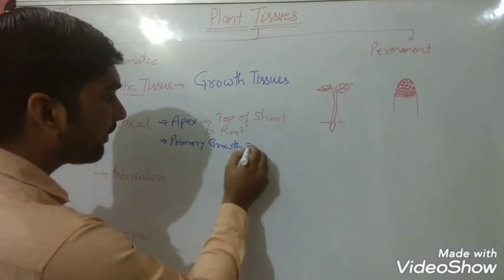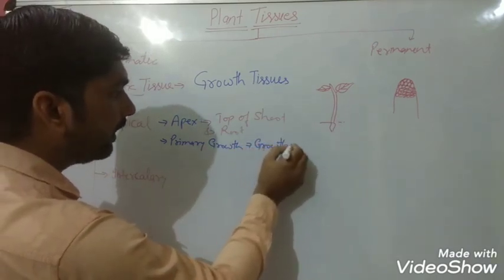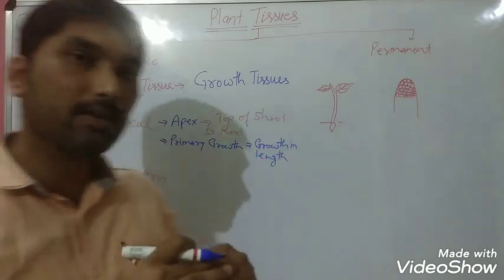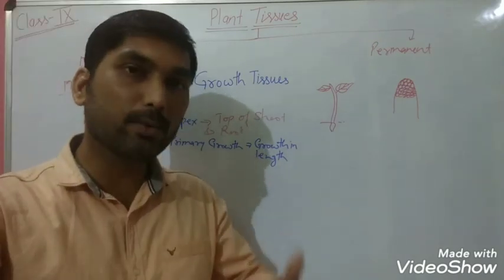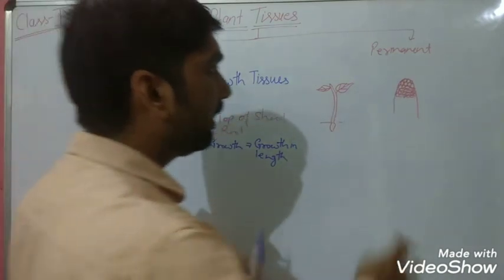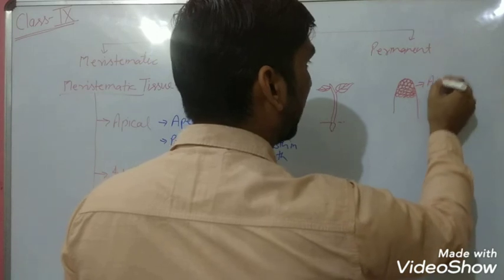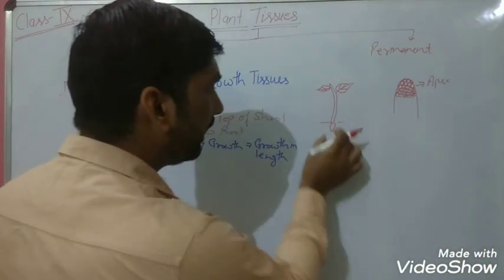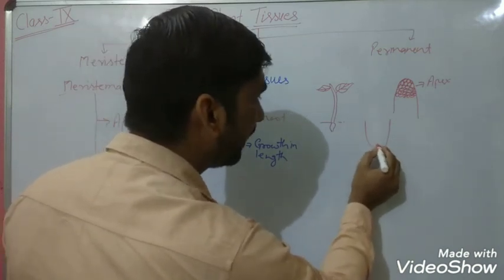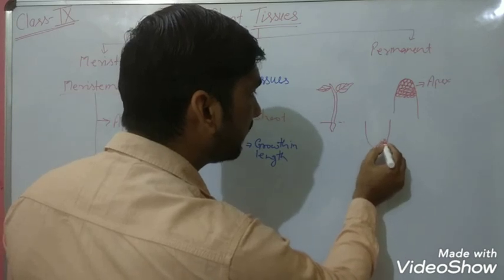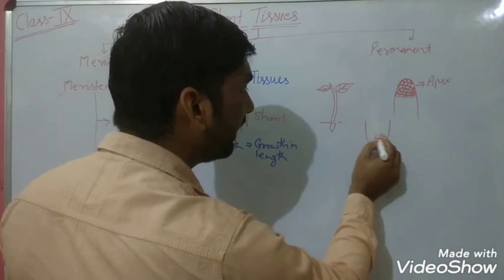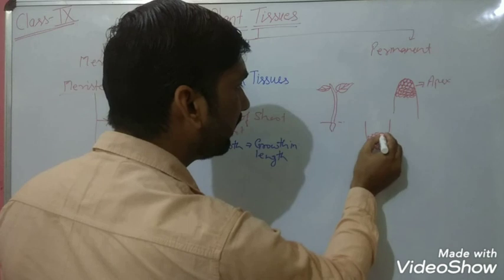Primary growth means growth in length. So it is going to increase the length of the plant either towards the upside or towards the downside, whether in the apex part of the shoot, or if we draw this lower part, the root apex, these cells are also going to increase the size of the root, since they have the nature of dividing ever and ever.